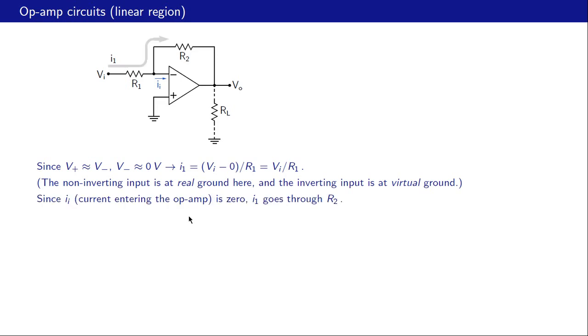Let us now use the second golden rule. This was the first one, and that is that the input current of the op-amp is 0. So in this circuit, this current marked I is 0, and therefore I1 goes through R2. So this current must go around like that because no current can enter the op-amp.